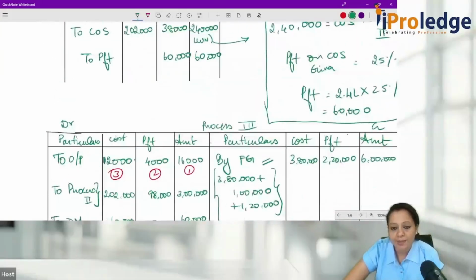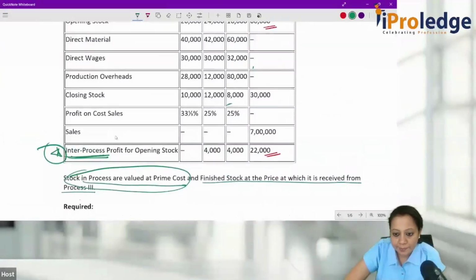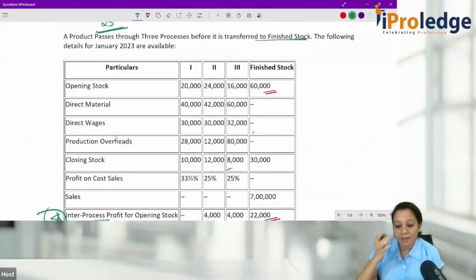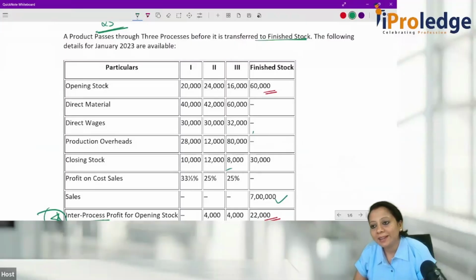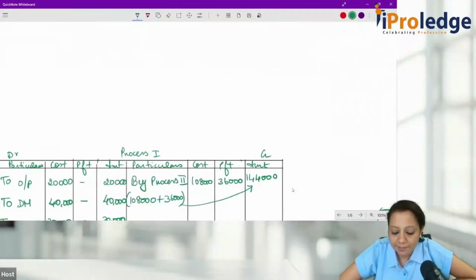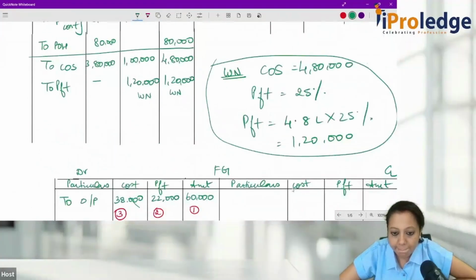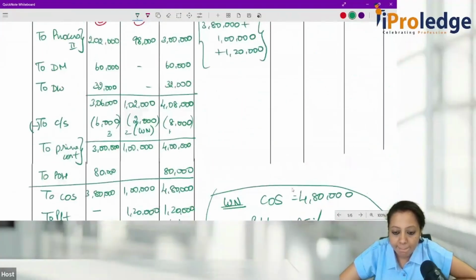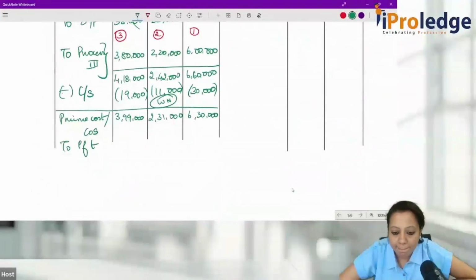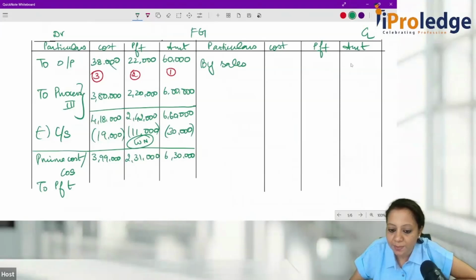So let us find out the details here. So they have not given any profit, but they have given sales. Can you all see? With that, can we not find out profit as a balancing figure? Yes, ma'am. So now we will go ahead and write down by sales. It is going to be what, students? By sales is going to be 7 lakhs. Wonderful.